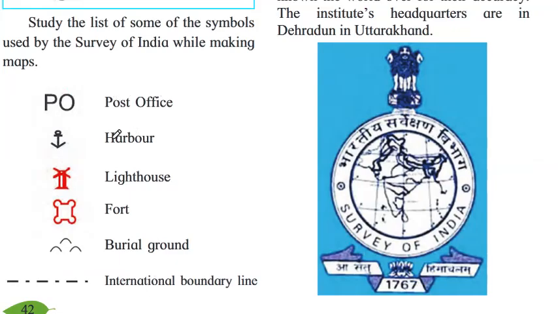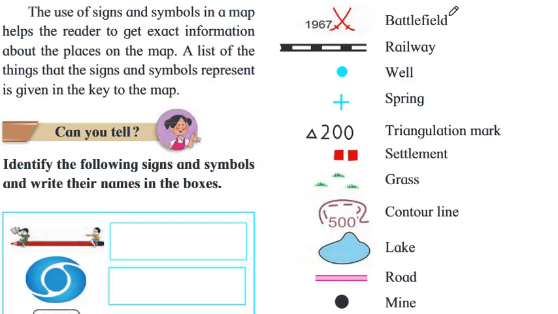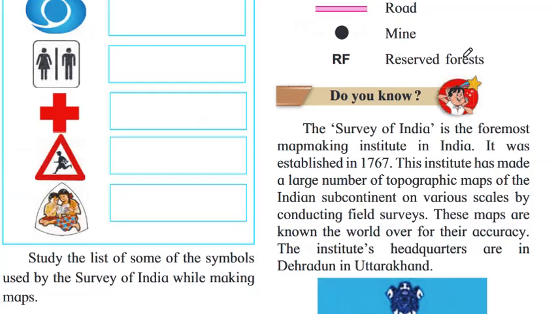Post office, harbor, lighthouse, fort, burial ground, international boundary line, battlefield, railway, well, spring, triangulation mark, settlement, grass, contour line, lake, road, mine, reserved forest.